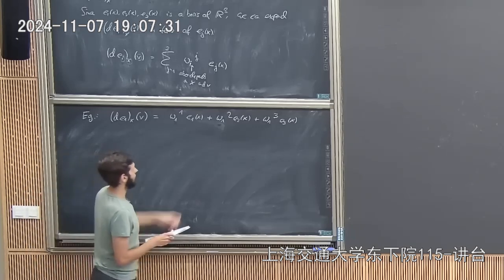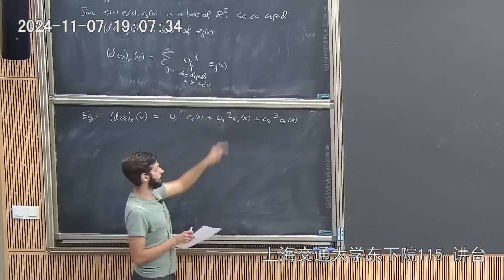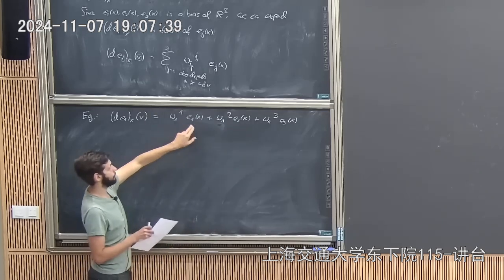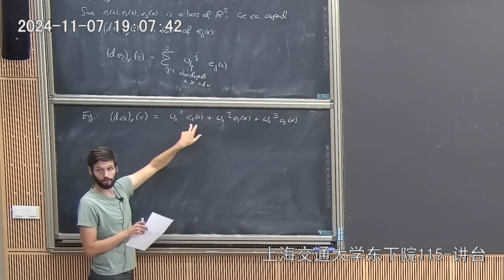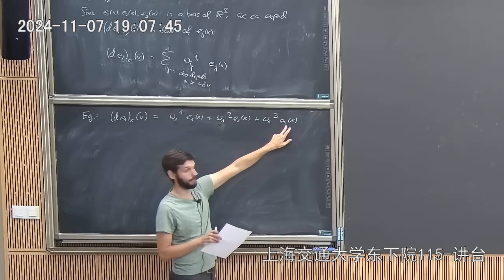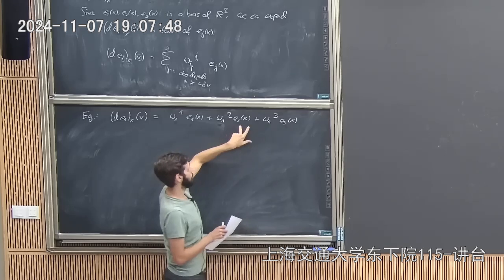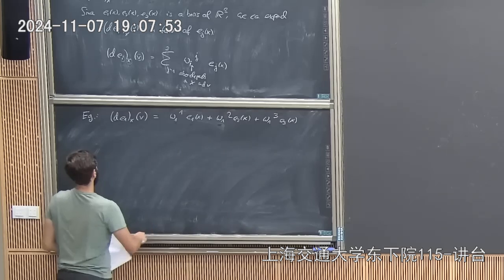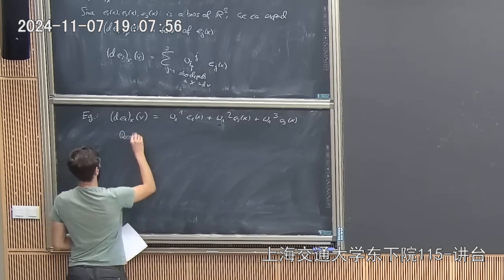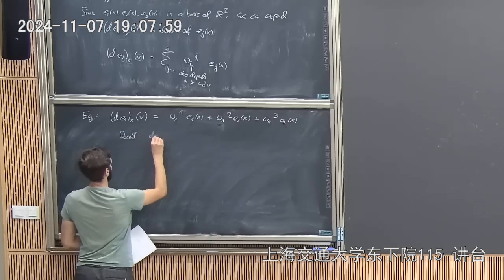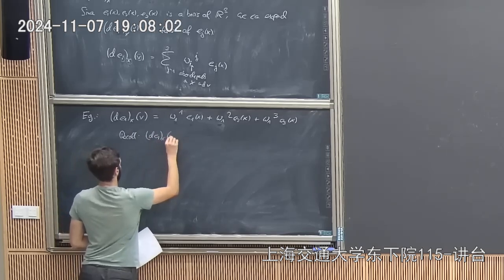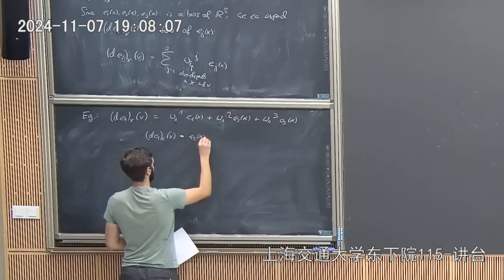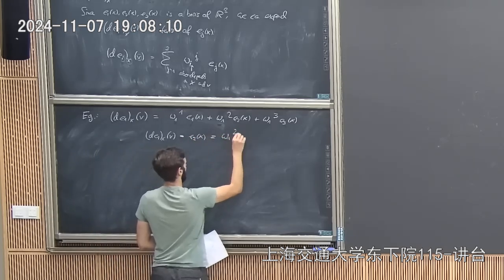So for example, if I want to calculate omega 1,2, what I can do is take the dot product with E2. Because the dot product of E2 with E1 is 0 because they're orthogonal. Similarly, if E1 hits E3, we also get 0. And if E2 hits itself, then we get the norm of E2, which is 1. So if we take the inner product with E2(x), we get just the coefficient.